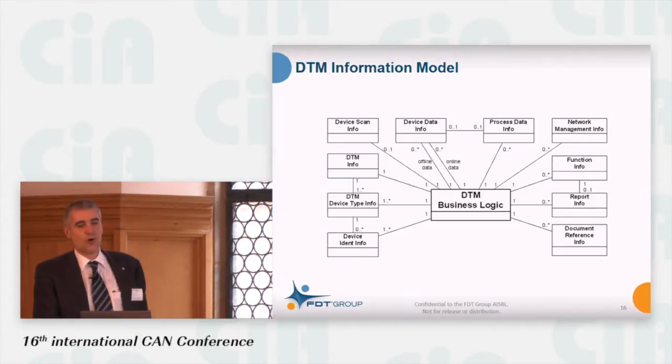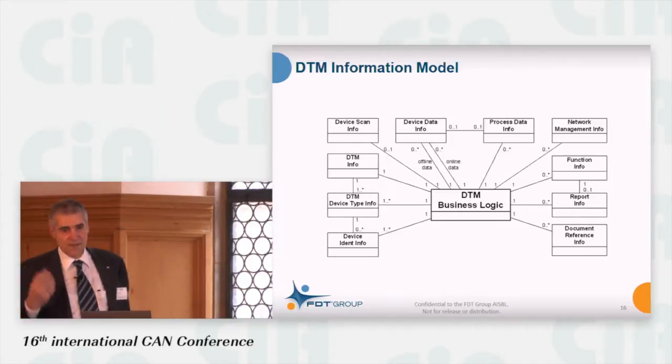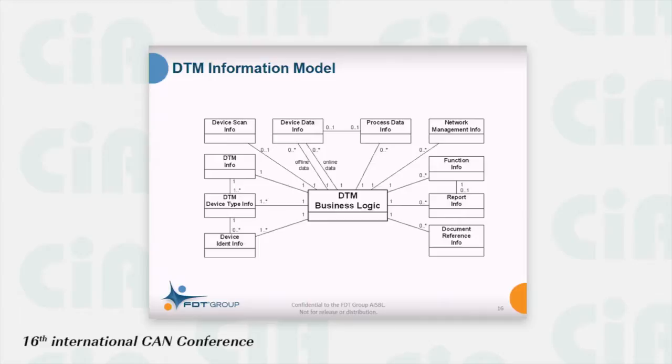Here is a short overview of the DTM information model. These are the interfaces and information a DTM provides in its business logic, so not on the GUI side, but on the device model side. You see here information about the device, which is what type of device it is, what vendor, and then what the data in the device are, so the parameters, and what the process data are, which are normally transferred on the connected field bus.